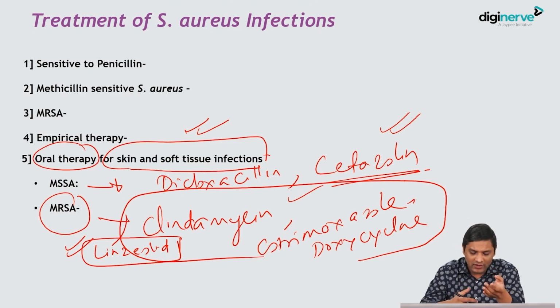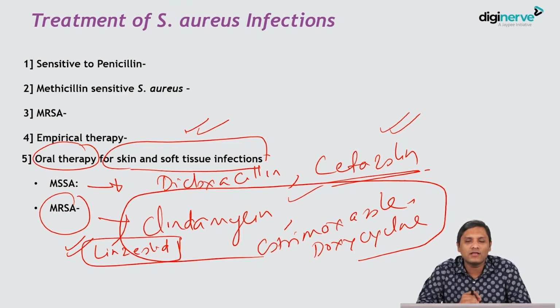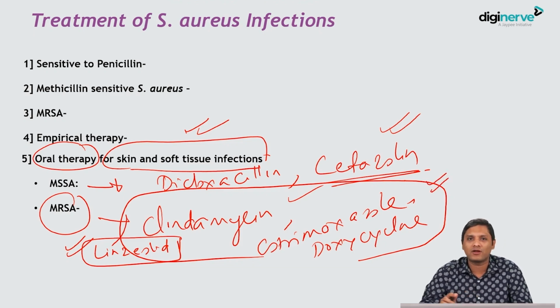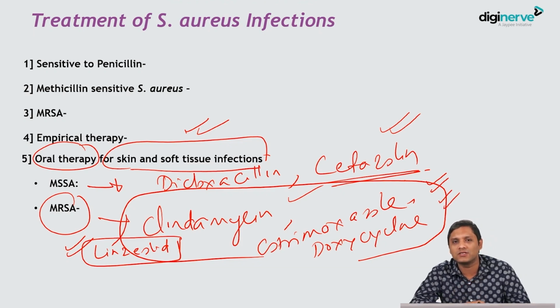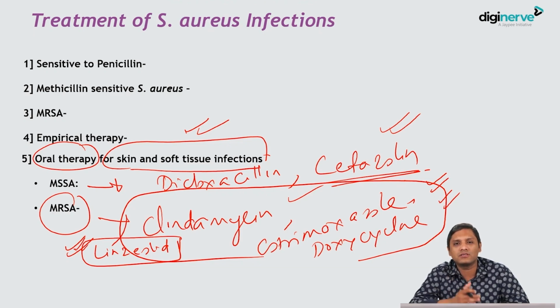So these are the various options available for MRSA infection. Don't think that vancomycin is the only option. There are many other non-beta-lactam drugs which may be effective. So you have to see what system is involved, and accordingly the antibiotic needs to be given. For example, linezolid has a better action on skin and soft tissue, whereas vancomycin is better for sepsis and bloodstream infection.